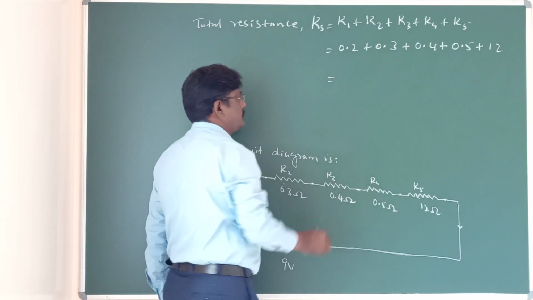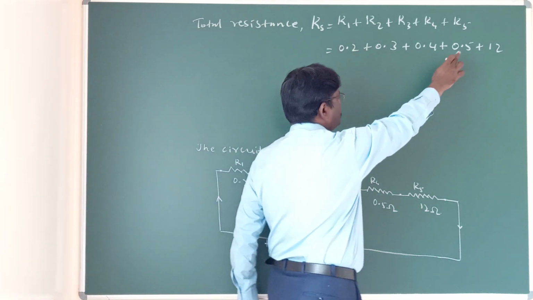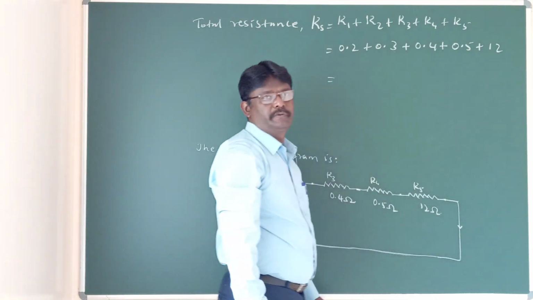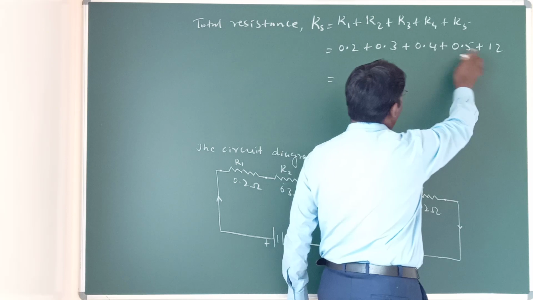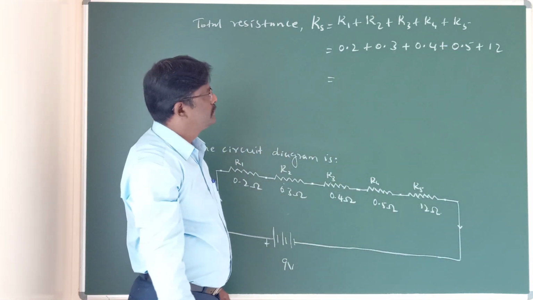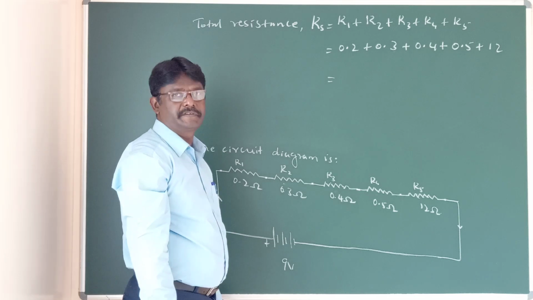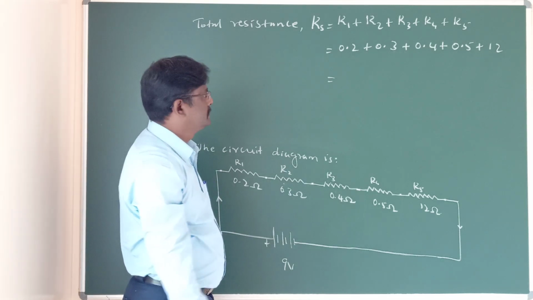Now therefore the total: 0.5 plus 0.5 is how much? 1. Then 1 plus 0.4 is 1.4. 1.4 plus 12 is how much? 13.4. Correct?